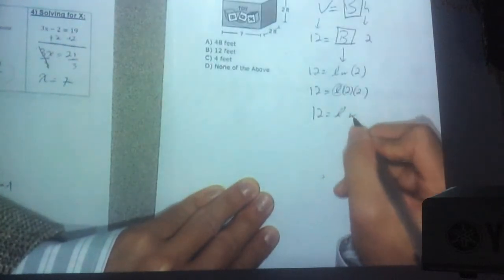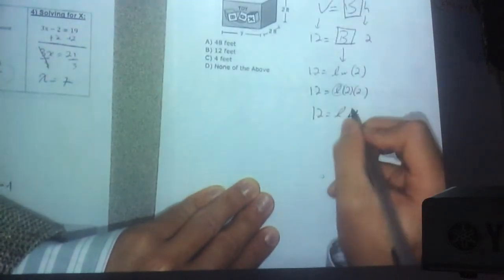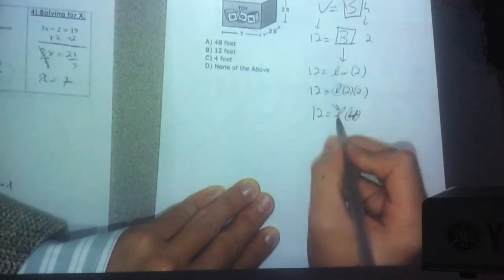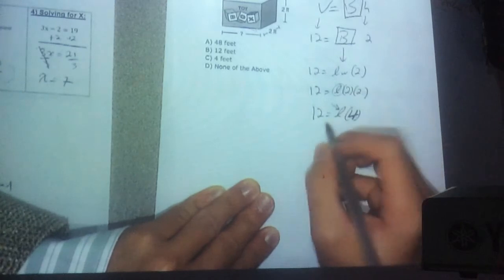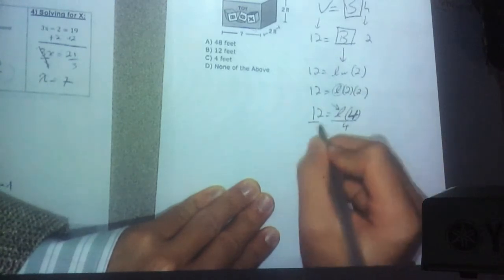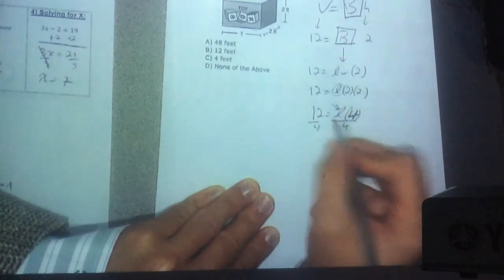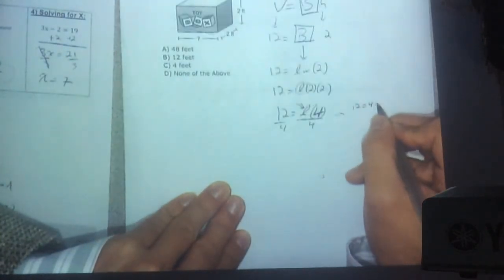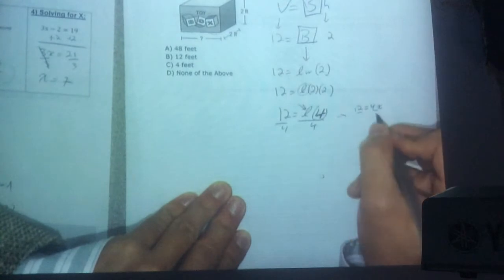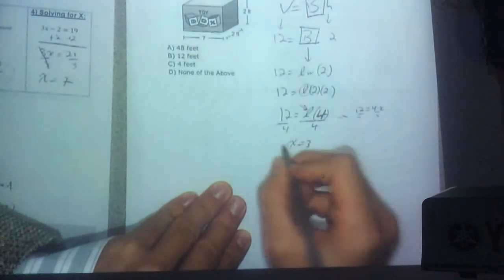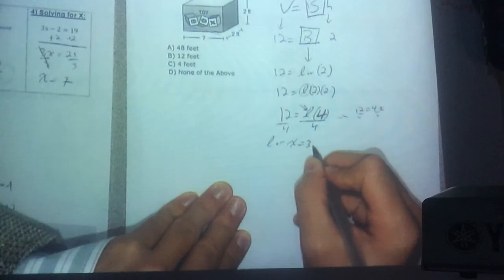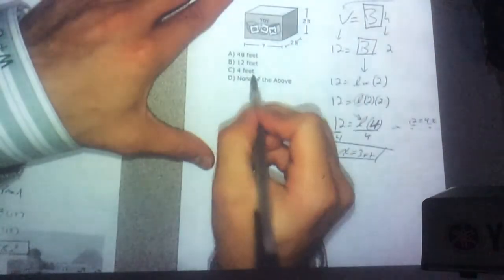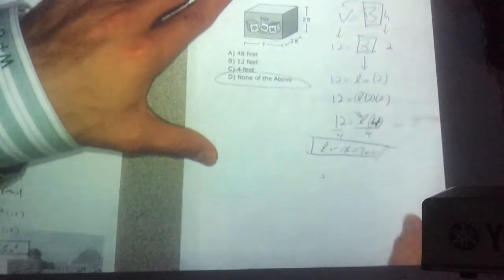So I have length times 4 should give me 12. And so what value here will make this equation true? Well, I can just divide by 4. I'm just solving for L, because this really is 12 is equal to 4x, divide both by 4. X, or the L, is equal to 3 feet. This is my answer. Therefore, none of the choices are going to work.